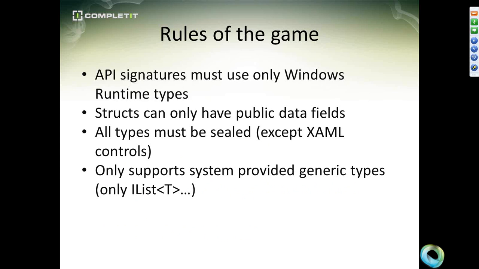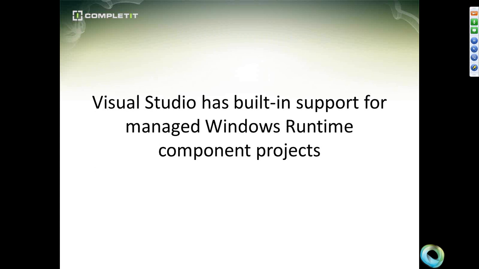The types must be sealed unless you're building a custom XAML control, and only system-provided generics can be used. All these rules, of course, apply only if you want to do reusable components between languages. If you are building a C# library and only going to be using it from a C# WinRT project, you don't have to follow this. This is only if you want to use a library in other languages.